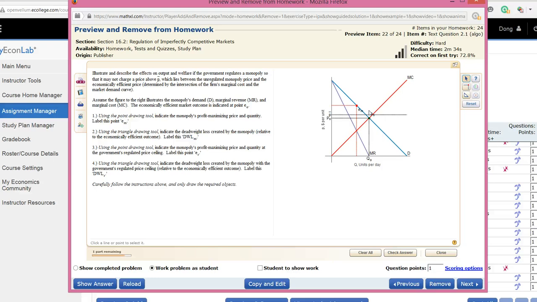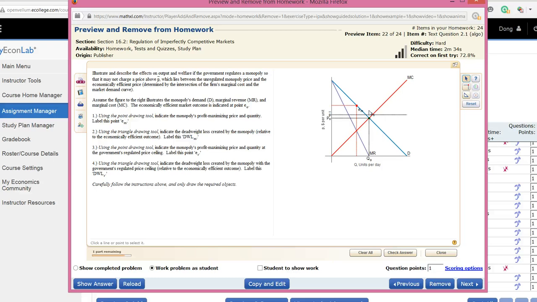Later in chapter 10, when we study price discrimination, we can see that on some occasions the monopoly can eliminate this deadweight loss because it can charge whatever price each consumer is willing to pay.